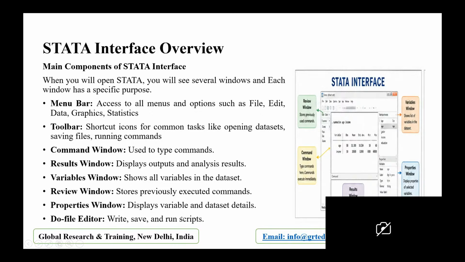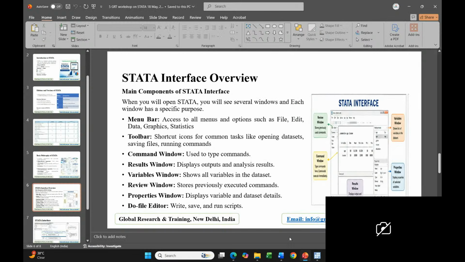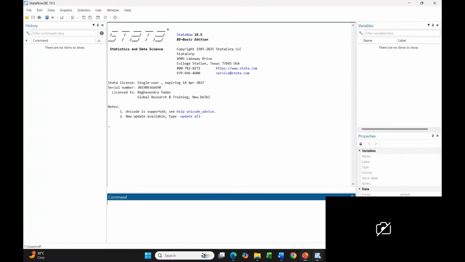Whatever command you give to Stata, all the commands will be stored in the review window. So from the review window you can select all the previous commands and send them to the do file editor, or you can open the do file editor in Stata and write directly from here.